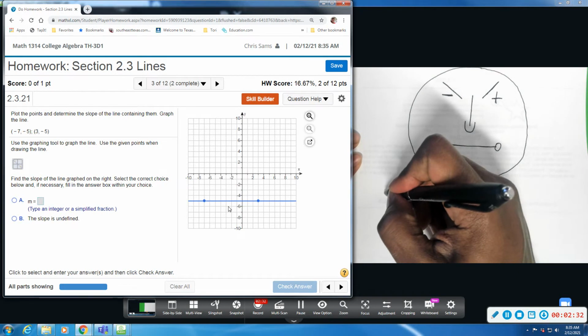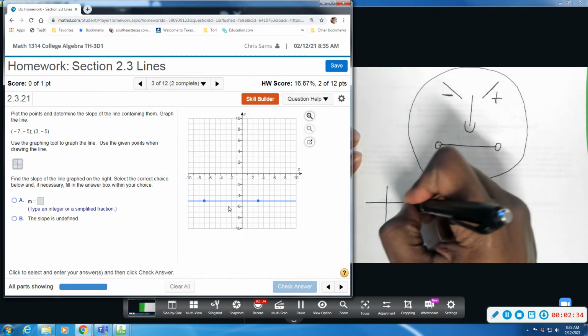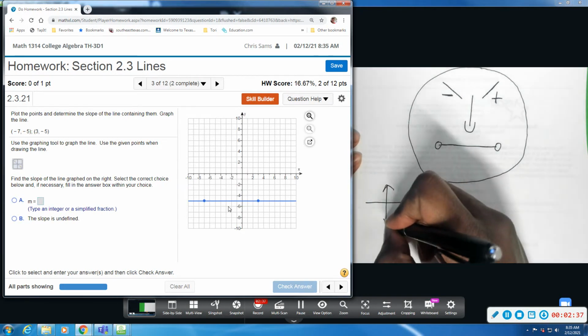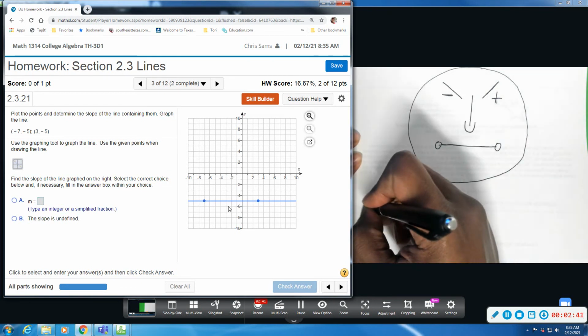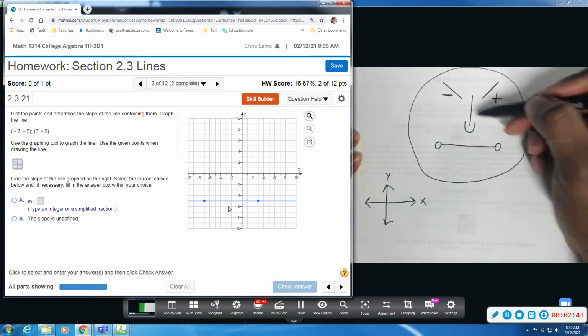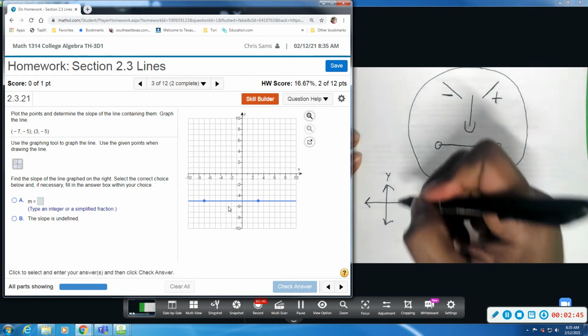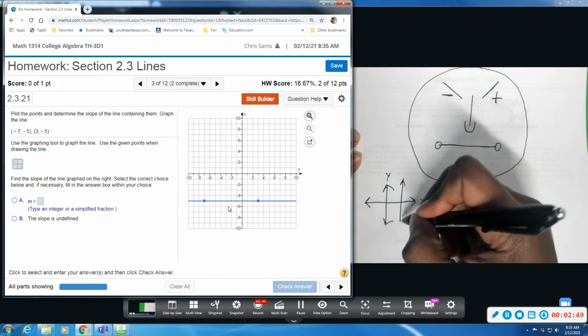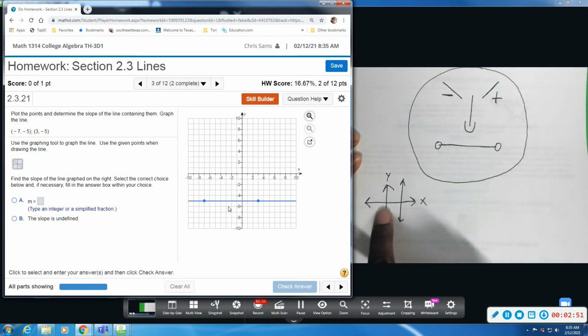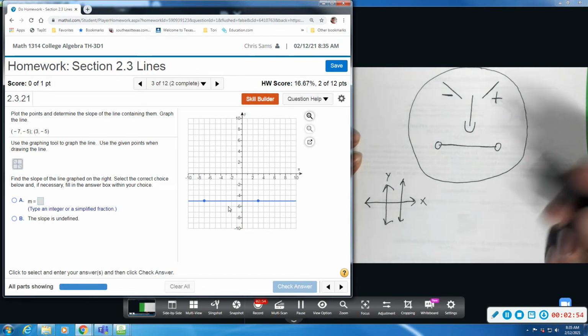Whenever you have a graph, X and Y axis, we'll call this the Y, we'll call this X. So let's talk about this line. If you have a vertical line, that line will only cross the X axis. It will not cross the Y. It will be parallel to the Y axis.